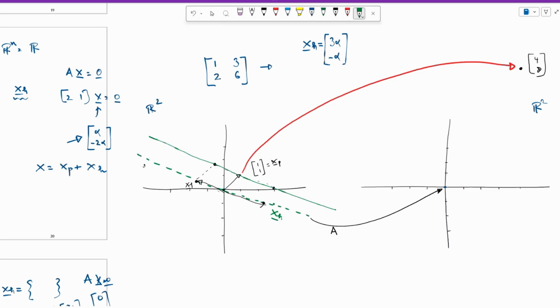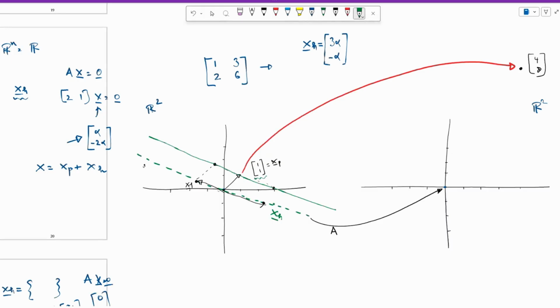And to generate that, you needed two things: a particular solution and the homogeneous solution. The homogeneous solution we've already found. We chose some point that is a particular solution for 4, 8, and then if you add the homogeneous solution to that, you get everything else.